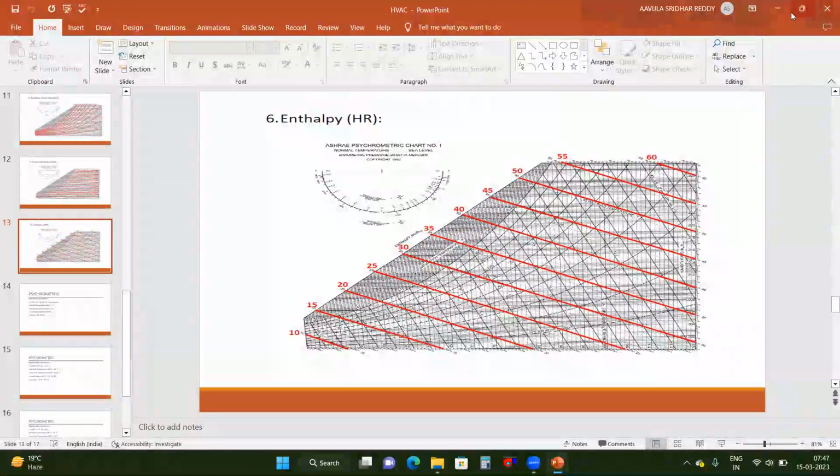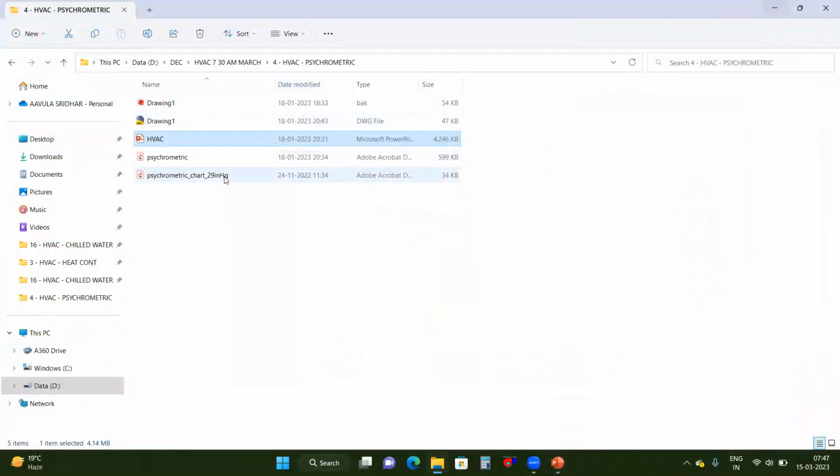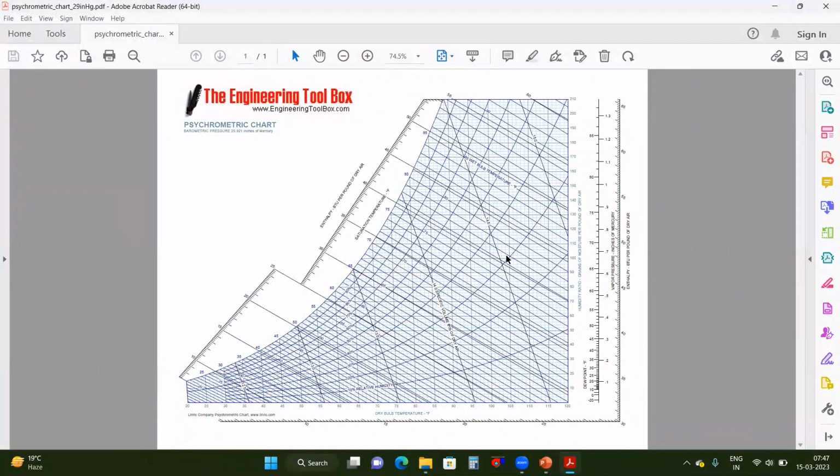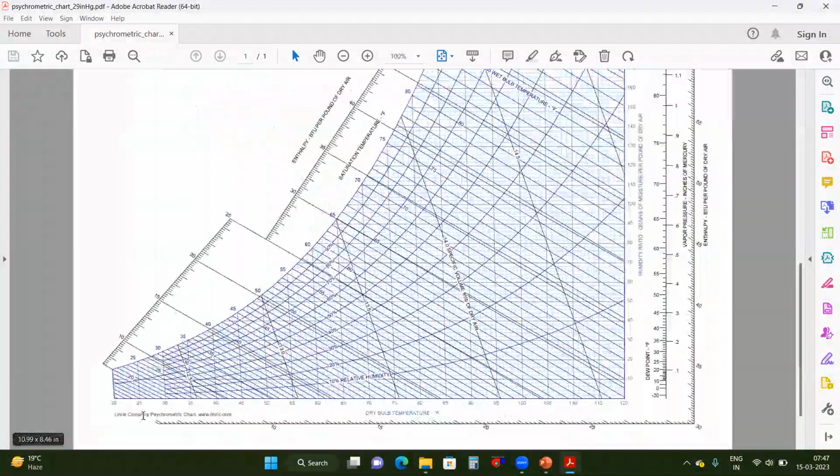So I will show the psychrometric chart. Okay. I will enlarge this and show all the properties of air which we have seen in the PPT.